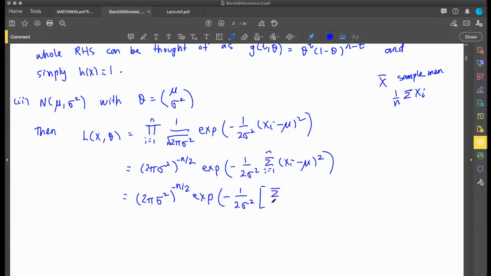I get the sum from i equal 1 to n of (x_i minus x bar) squared plus n times (x bar minus mu) squared. Okay, so that's applying the fundamental equality.